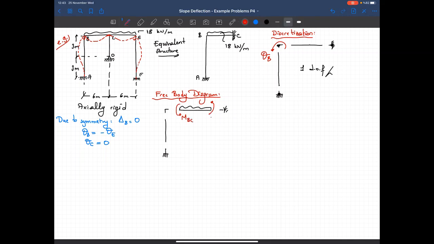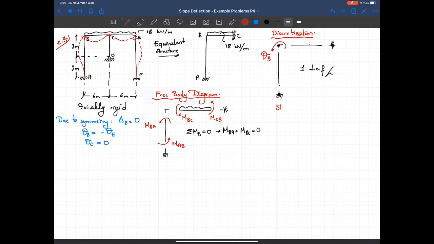This is MBC, this is MCB. I got MBA here and MAB here. And the equilibrium equation is sum of moments at B must be equal to 0. This tells me that MBA plus MBC must be equal to 0.